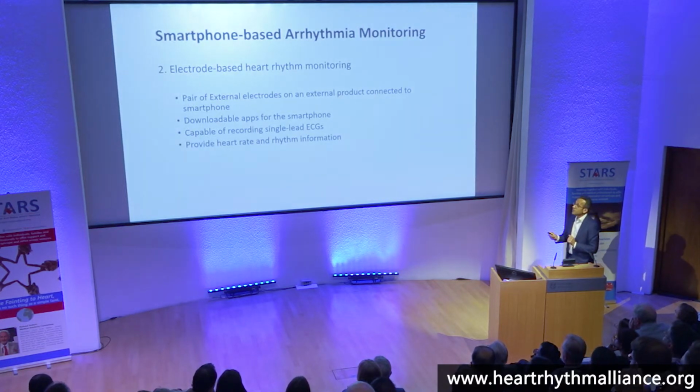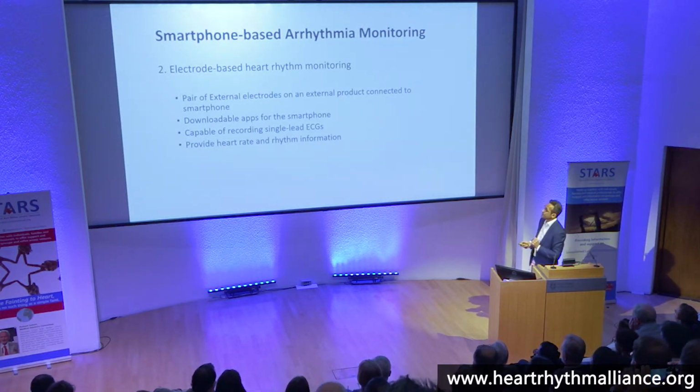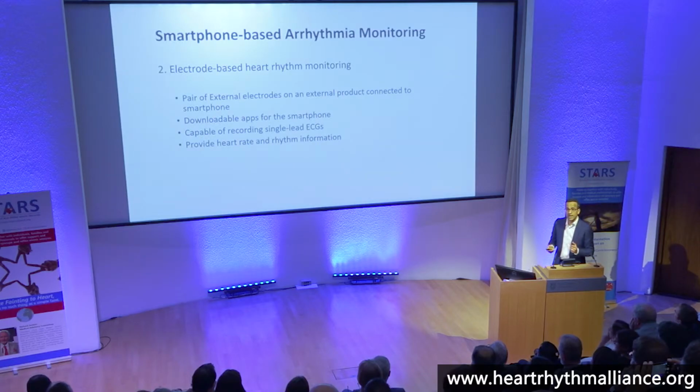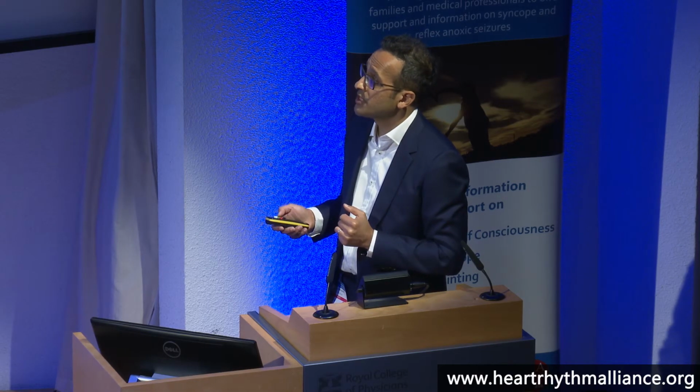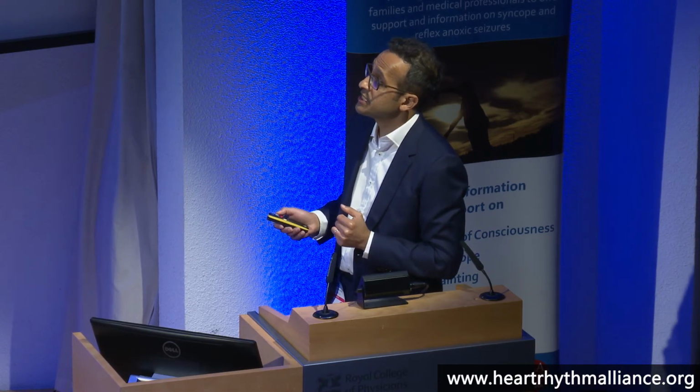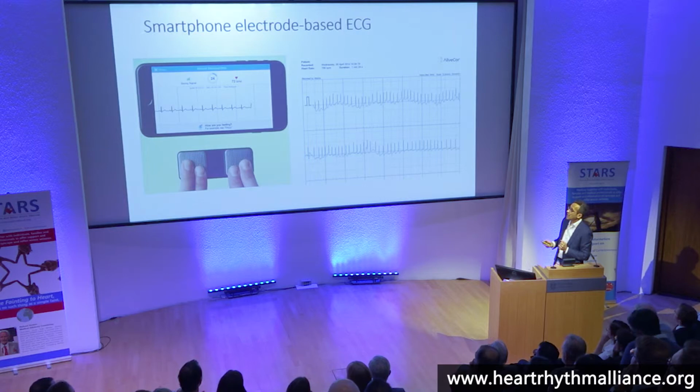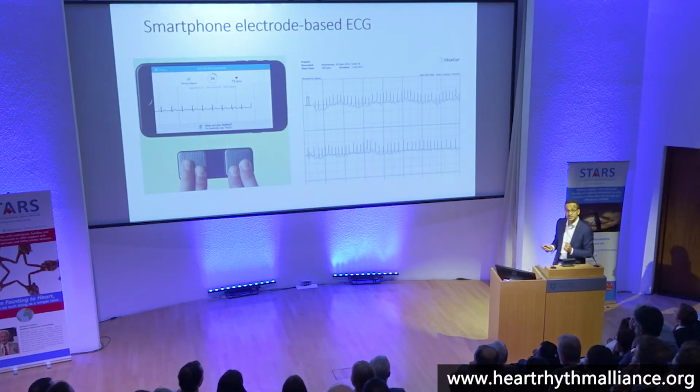All right. Which leads me on to smartphone-based electrogram monitoring, which is usually with a pair of electrodes spaced apart. The most common of which is the cardio monitor. Have you all heard of this? You seen this before? Okay. This is a monitor which has been now widely available on the NHS as well.